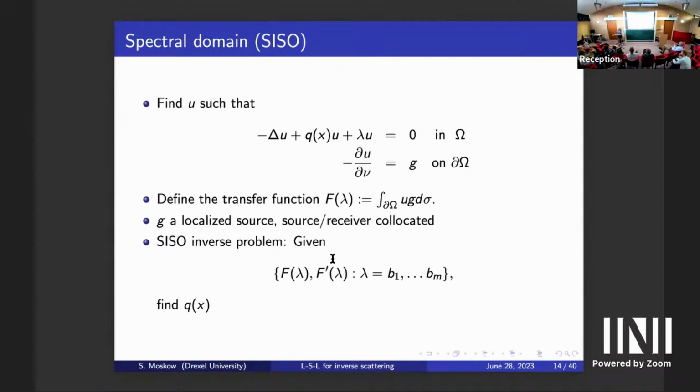Right now, this is just to demonstrate, I'm doing the single input, single output for both time domain and just to explain. But all of this works basically in the same way, multiple input, multiple output. But you're right that for the general case, and I'll explain more about that later, you do need source and receiver co-located here for this portion of it, at least. You can still use the polarization identity to get it.